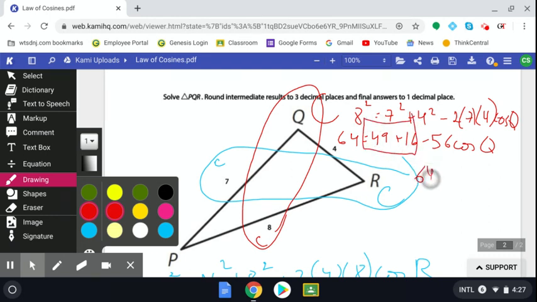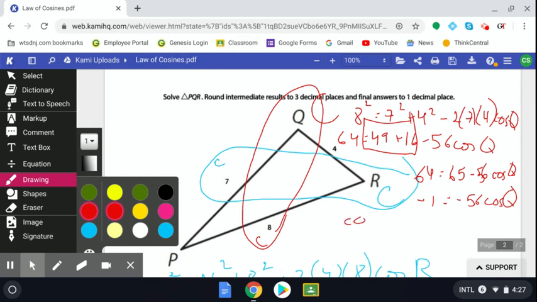So 64 is equal to 65 minus 56 cosine Q. And subtract 65 from both sides. Negative 1 is equal to negative 56 cosine Q.